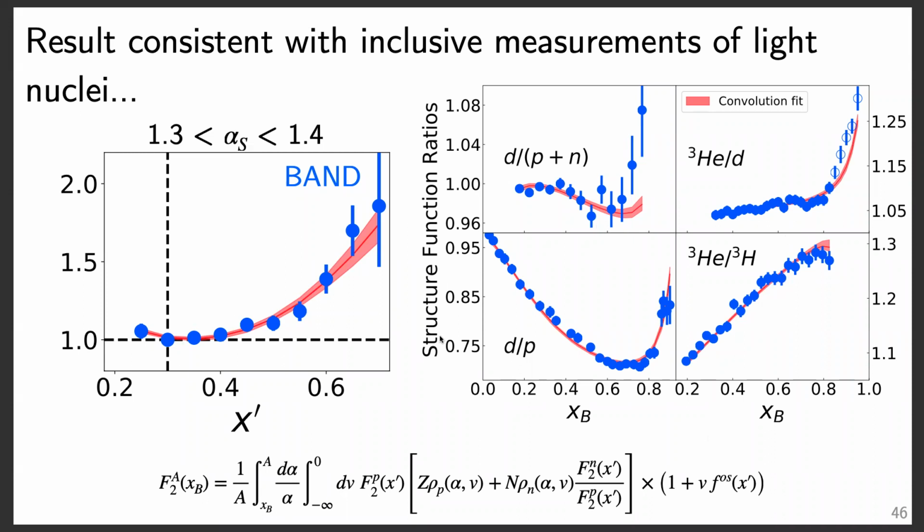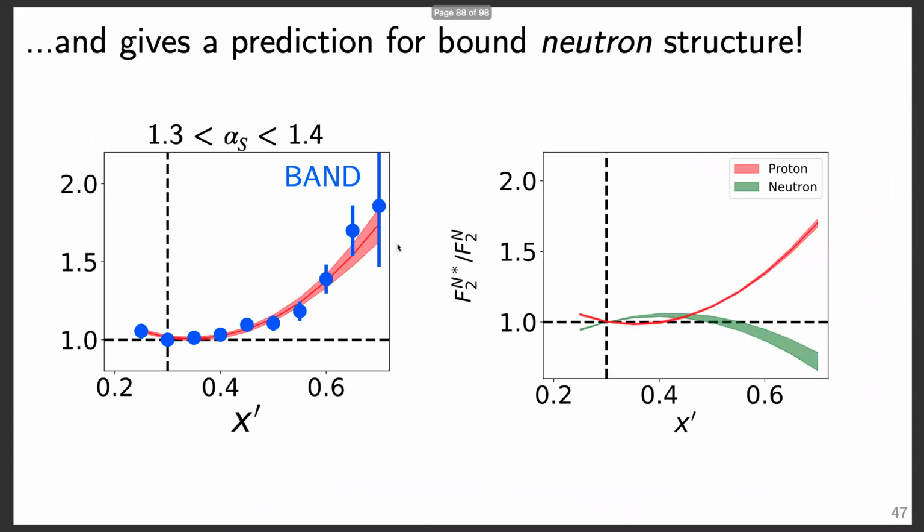And what you see is that you're able to accommodate both the BAND result and all the inclusive results. And so this was a nice validation that even if this is a very impactful measurement, we're not violating any other data that currently exists.